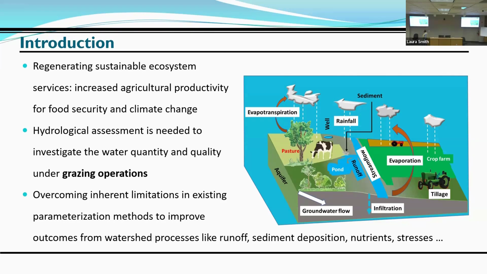Increased agricultural productivity for food security and ongoing climate change, we should try to regenerate sustainable ecosystem services by properly managing agriculture activity in small scale watershed. In small scale watersheds, very little research has been done quantifying water quantity and quality under grazing activities.